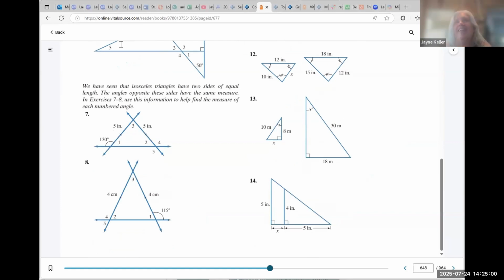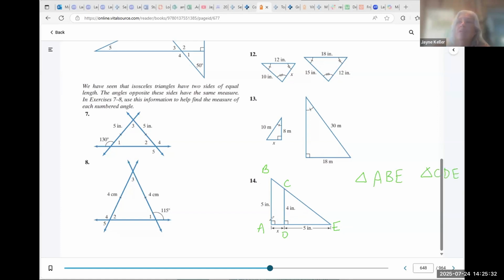Okay, so I'm going to label these. If you look at the triangle that's labeled ABE, that's the bigger triangle. And then this smaller triangle CDE.